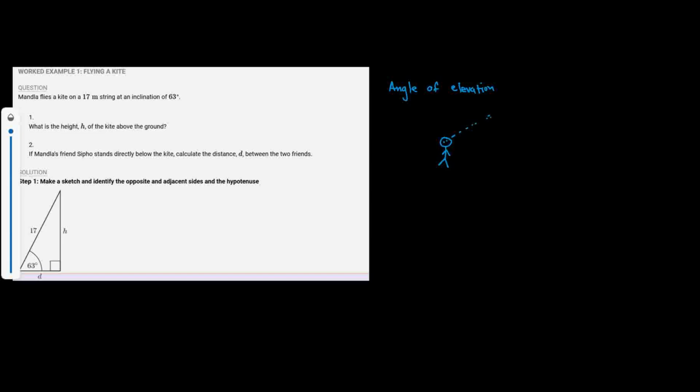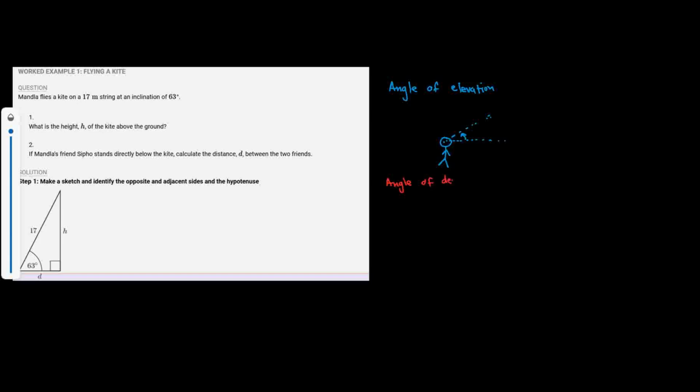Now, the horizontal plane is formed. Imagine this is a nice straight horizontal line, and this is the ray that they are looking up at. It forms this angle here, and that is what we call the angle of elevation, when you're looking up. But the opposite is also true, the angle of depression.